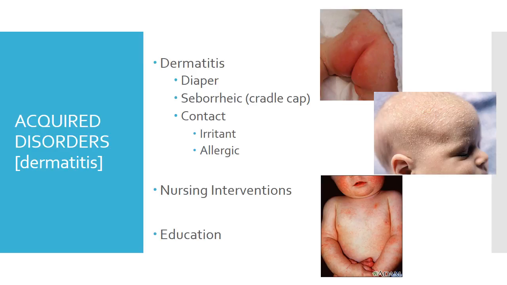If they have any type of secondary infection with this, they're going to be on an antibiotic. And then possibly some type of antifungal ointment if there's a fungus that's causing this. As far as education, you want to make sure that the parents are aware if it's an irritant to remove that irritant and prevent further exposure from that. I'm kind of repeating what we just said.